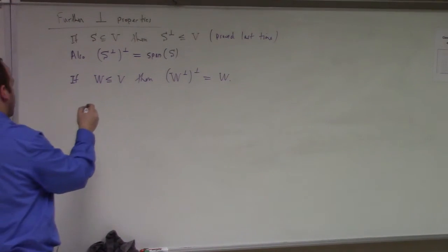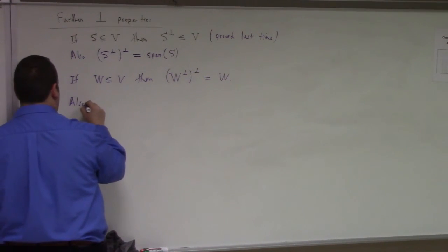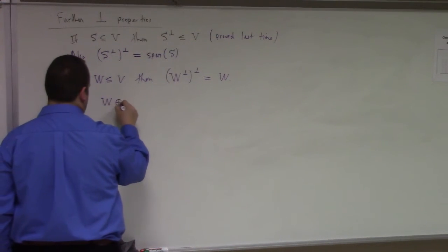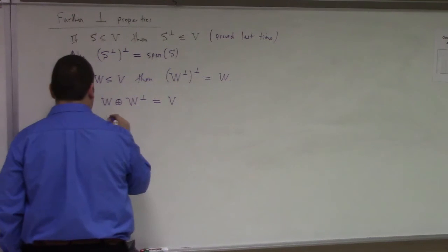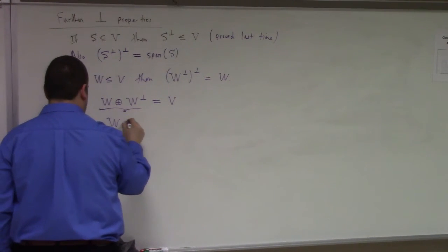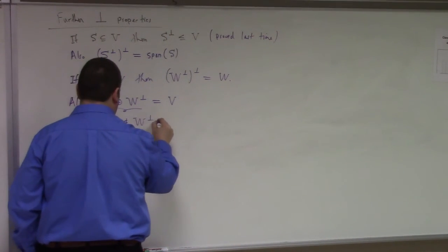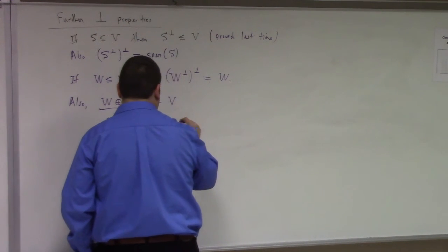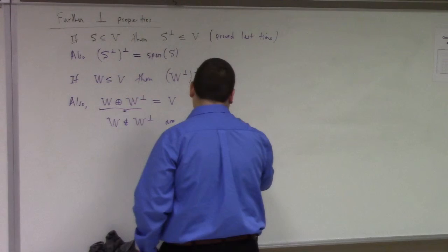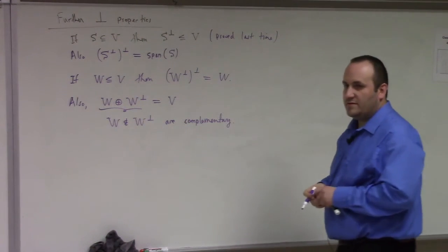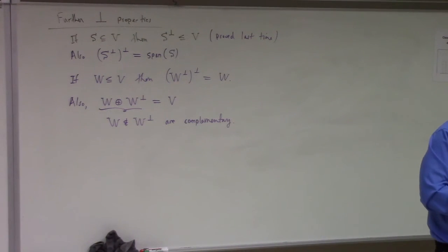You can, in fact, show that W direct sum W perp is equal to the whole vector space. In other words, W and its perpendicular space are complementary. Complementary subspaces are ones whose direct sum forms the whole space.